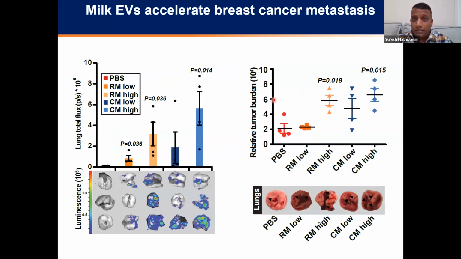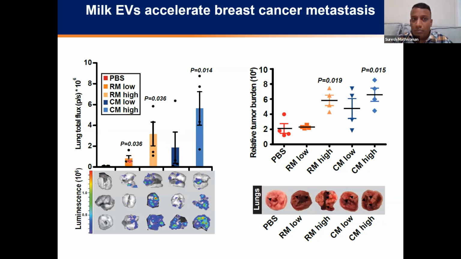However, to our surprise, when we gave these animals milk EVs, both raw milk and commercial milk EVs, despite the reduction in the primary tumor burden, it accelerated metastasis and killed the mice faster, right? Here you can see PBS alone. This is the lung flux, which is the bioluminescence.